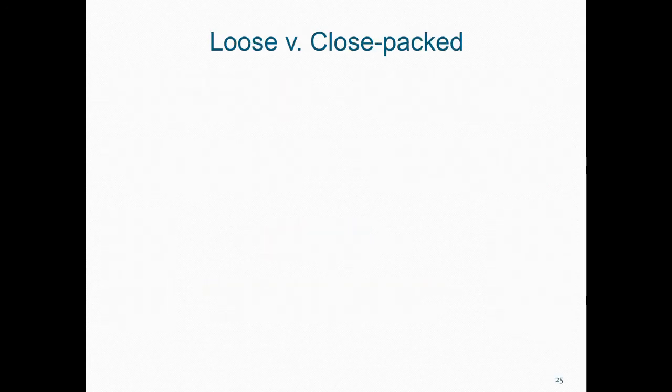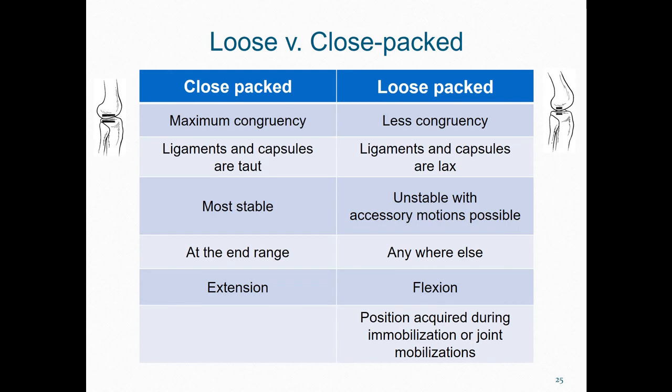Within most joints, two articular surfaces will fit together best in one particular position. This gives rise to the distinction between close packed positions and loose packed positions. Here we see a table of the contrasting properties of joints in close packed positions versus loose packed positions.